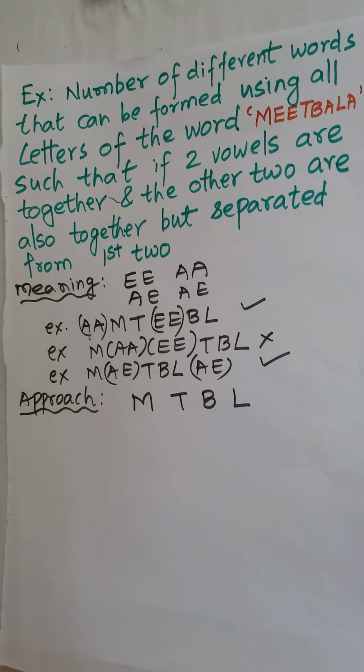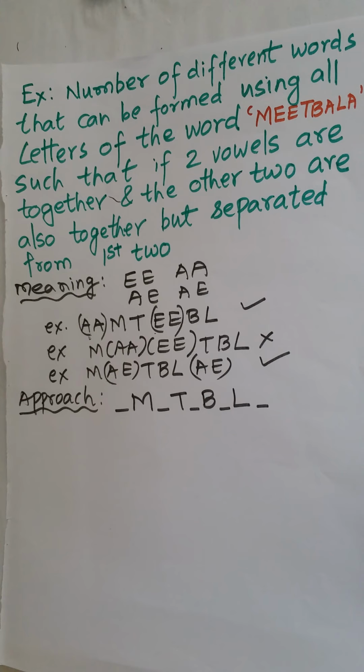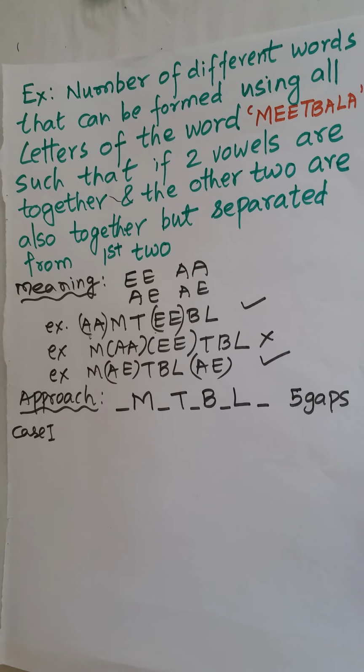We will create gaps. Now in each gap, not one letter but a pair of vowels will go. And again we have 2 cases. The first case, so we know that 5 gaps are created.